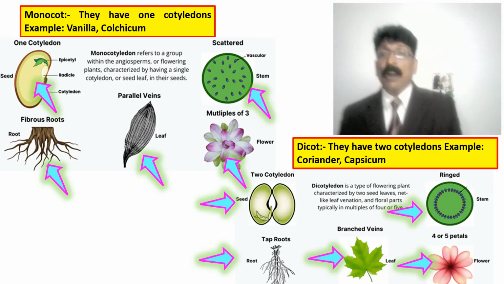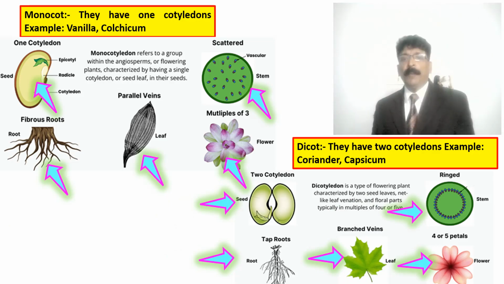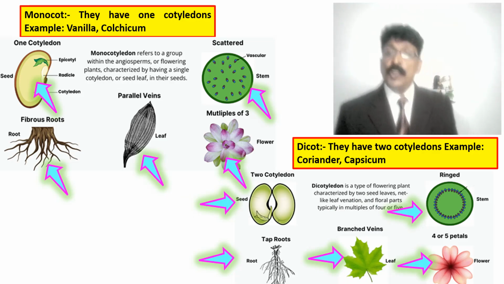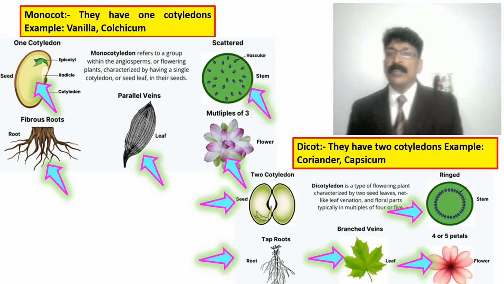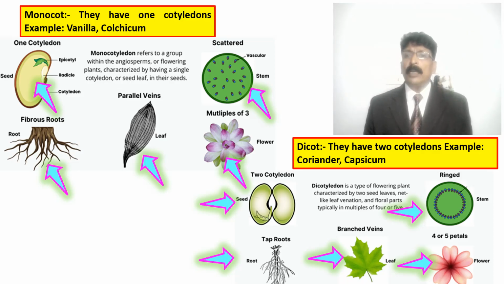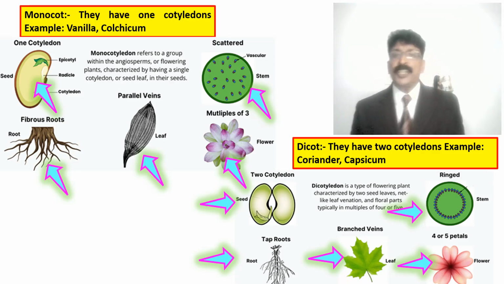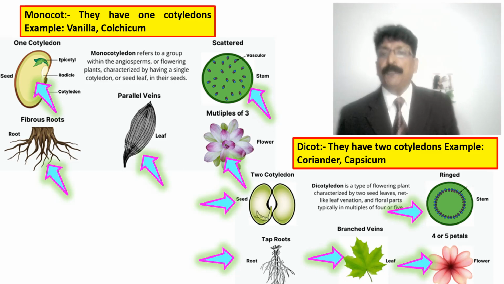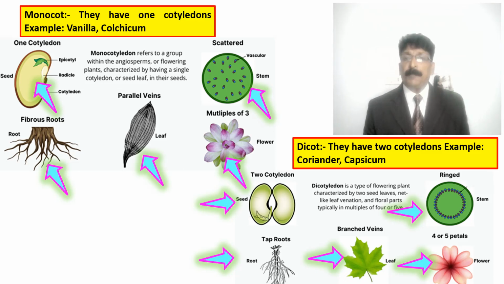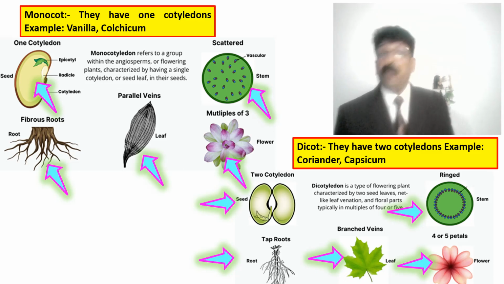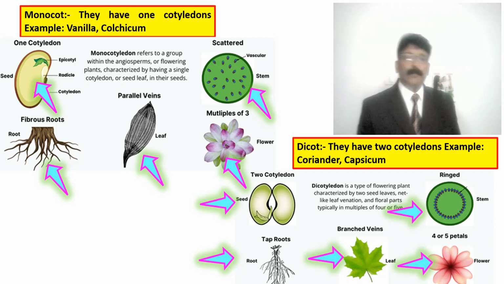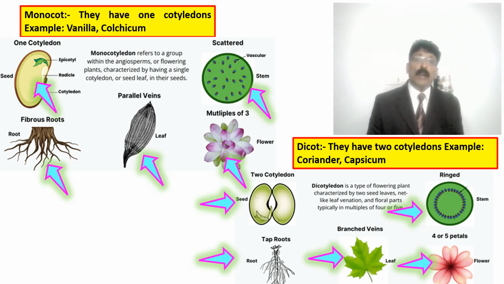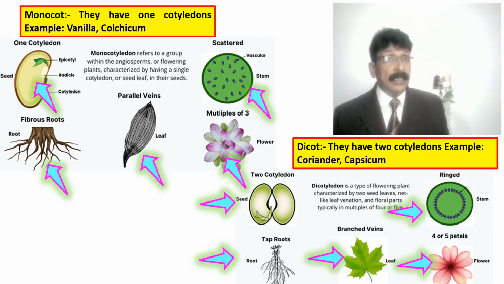So dicotyledons is a type of flowering plant characterized by two seed leaves, with net-like leaf venation, and floral parts typically in multiples of 4 to 5, as shown in the picture. So you can see that monocot and dicot come under the angiosperm.